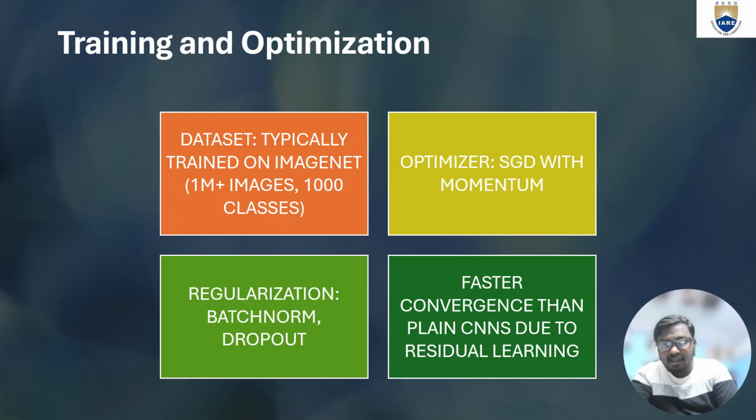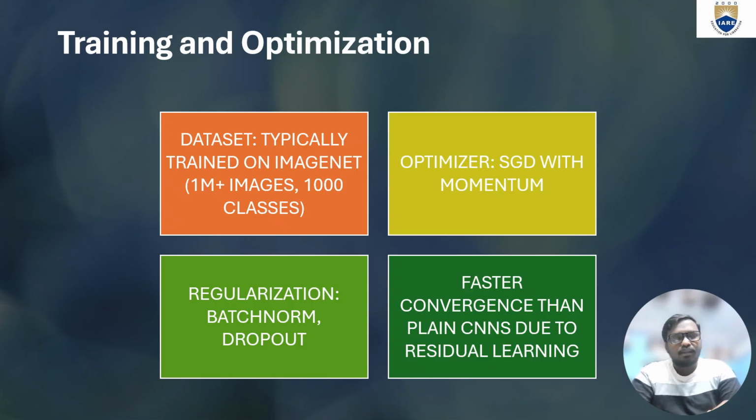The model learns patterns and relationships within the data by adjusting its internal parameters. Optimization refers to the process of improving a machine learning model's performance.